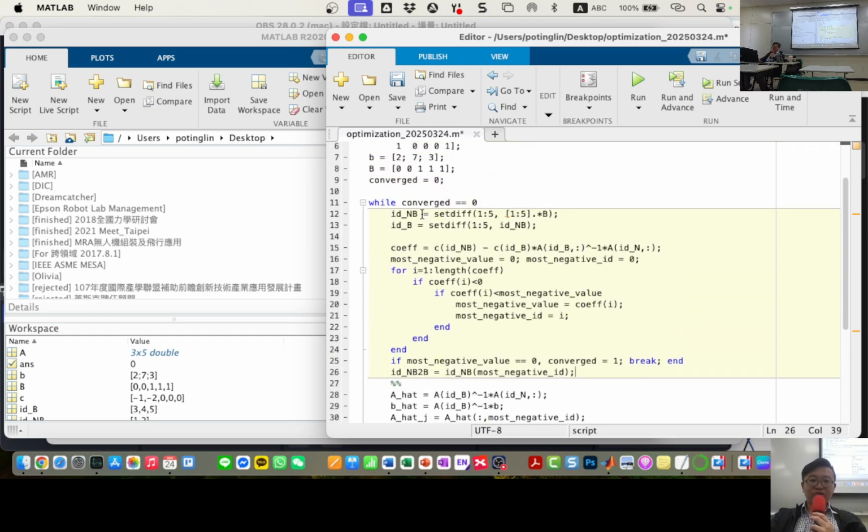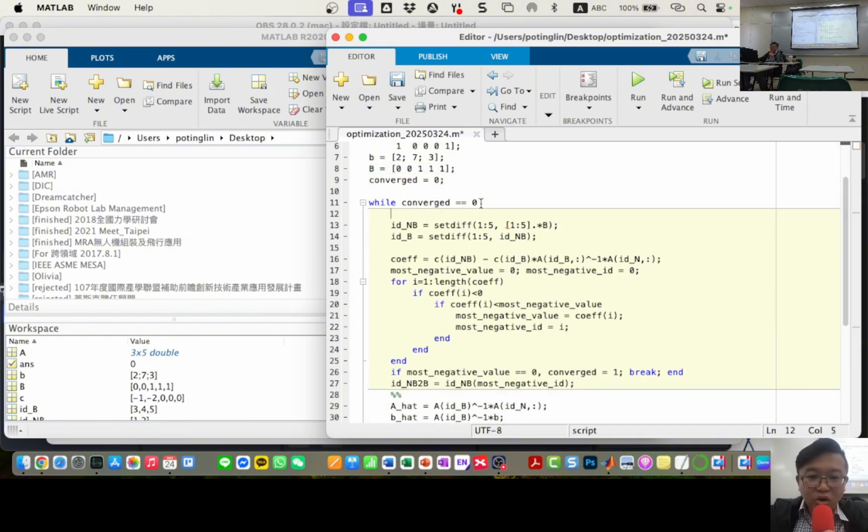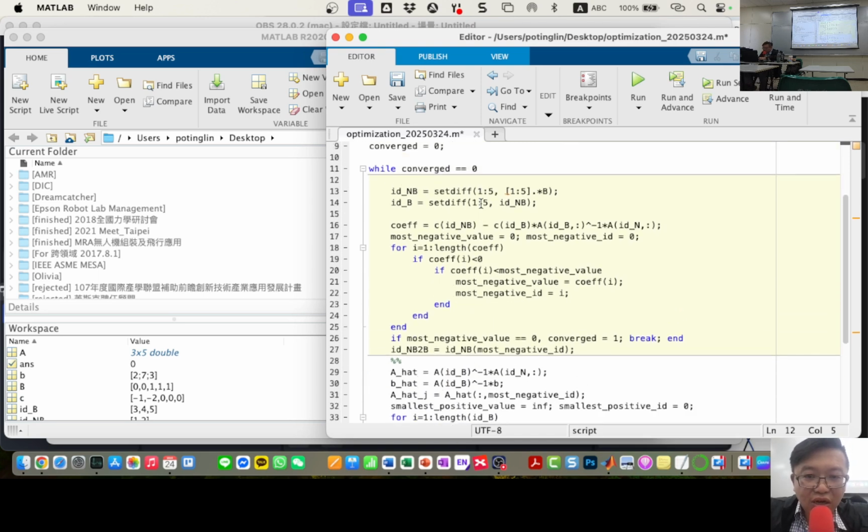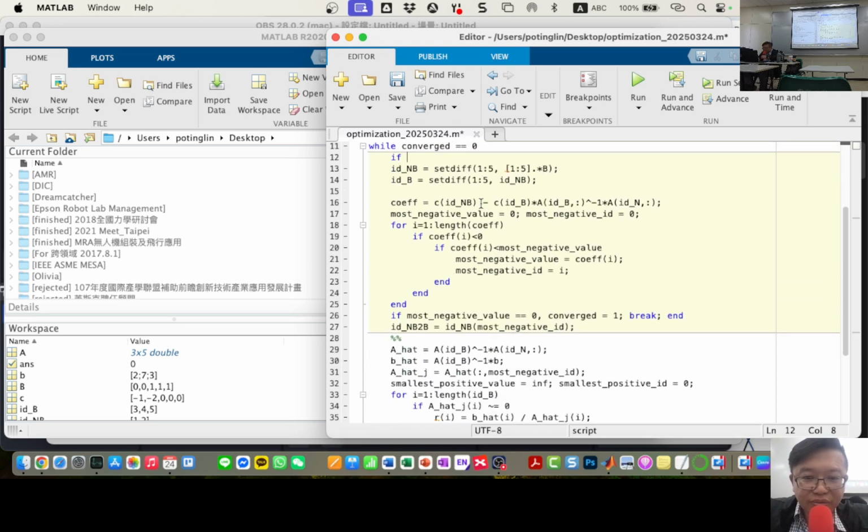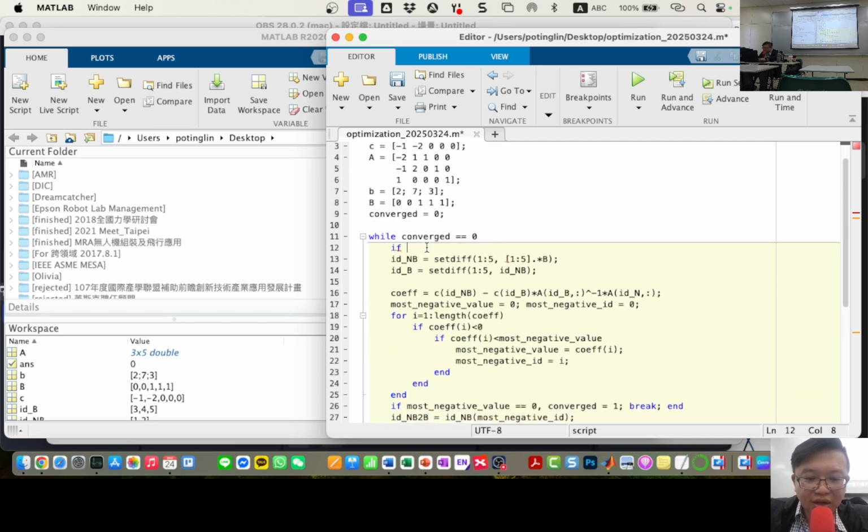So when you move back to here, you just need to update this capitalized B. So if this variable exists, that means we are in the second iteration.